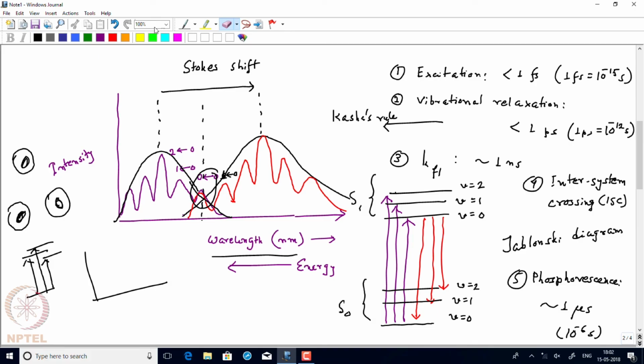I have a transition like this in the gas phase, and each of these transitions is now broadened in the condensed phase due to the different local environments of the molecules. As a result, you will see a very structureless band for these two, where you cannot distinguish the individual absorptions; they are now so broad that they are kind of hiding in that absorption spectrum.